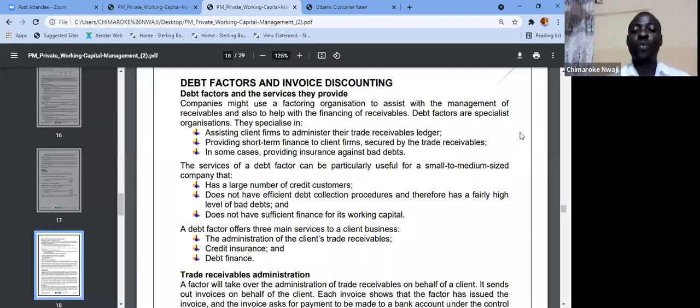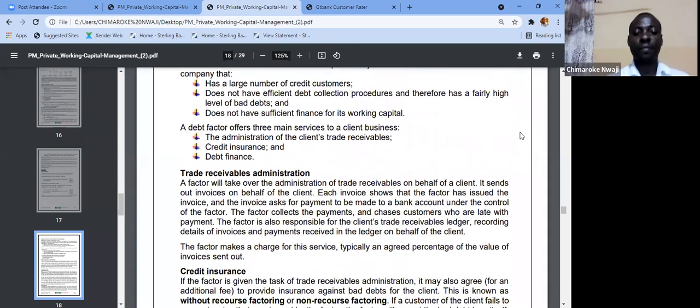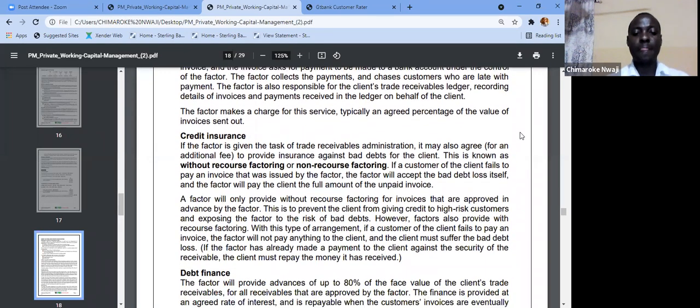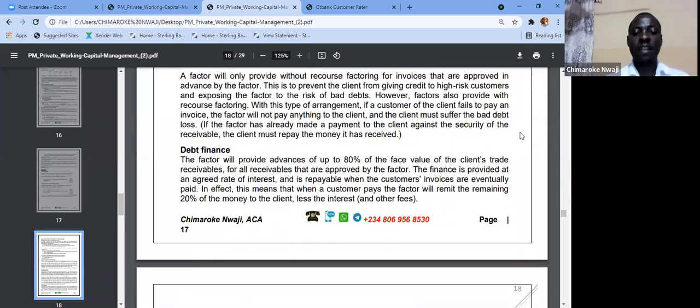So because of your working capital needs, you may need to use the services of the debt collectors. And so they provide administration services, credit insurance, and debt finance. So we have talked about all of this here in our discussion.